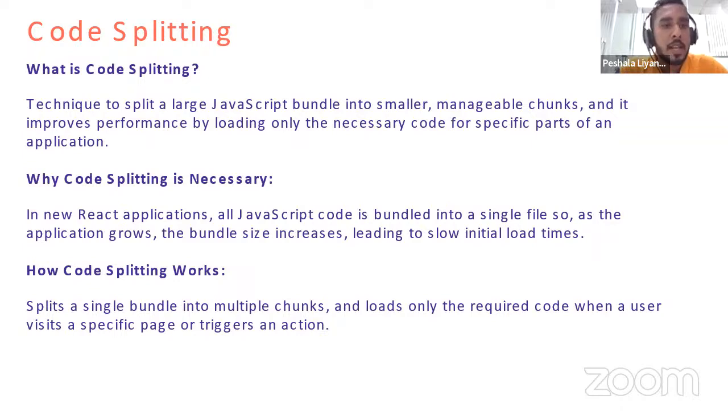So the next part is code splitting. We use it to split the large JS bundle into smaller parts and lazy load them. Let's say, for example, there's a menu in your web application with 3 menu items.